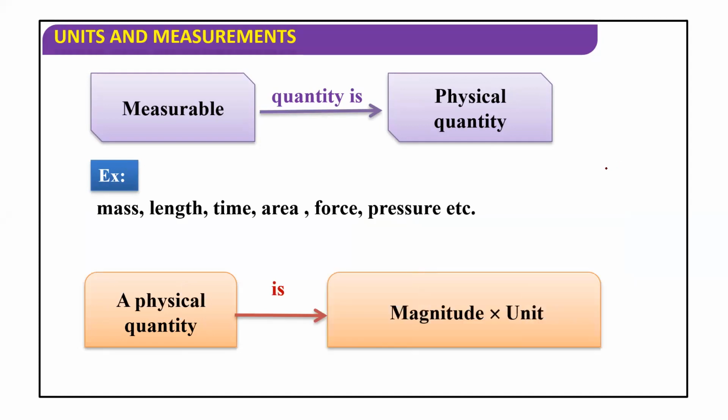In terms of units. Suppose you measure the length of a road as shown in the figure. Suppose the length is 15 centimeter. Here you are expressing the magnitude and the unit, right? Magnitude multiplied by unit. So this is how we express a measurement.